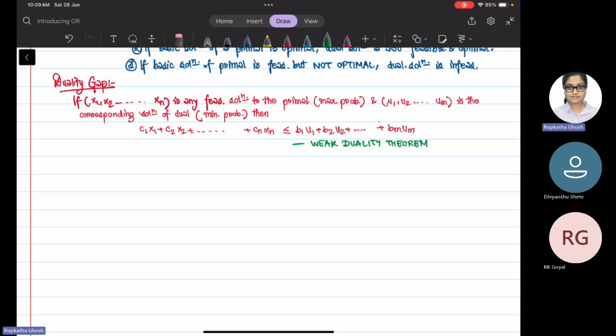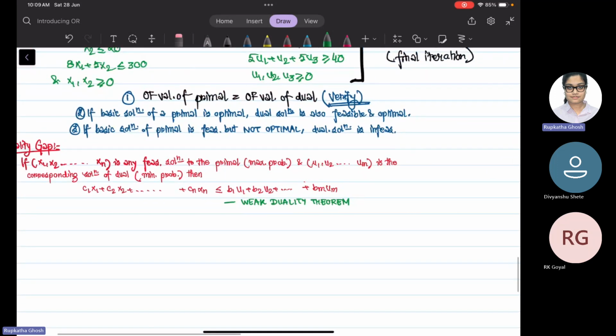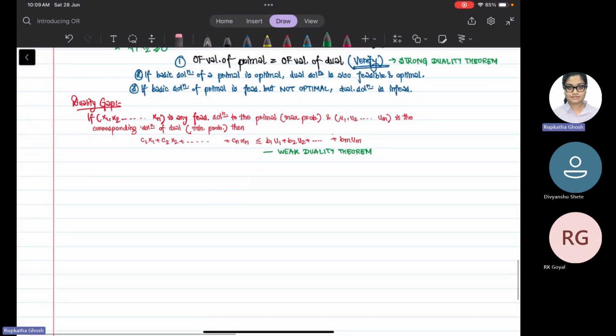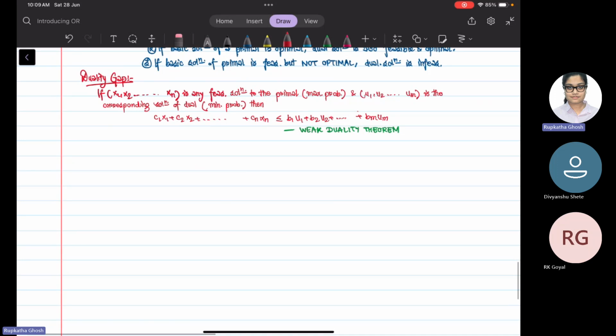Similarly, this is stated by your strong duality theorem. This is just for your basic understanding.